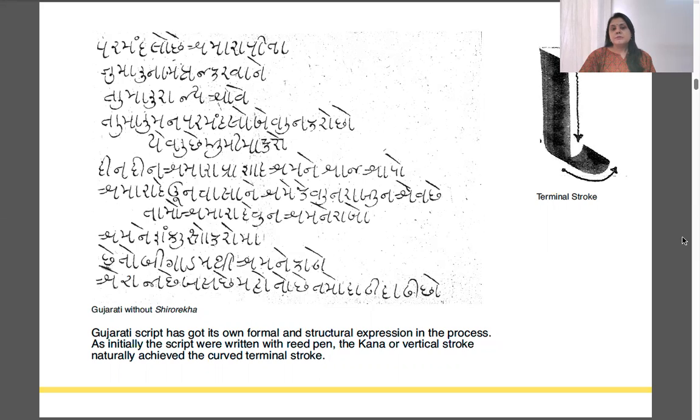Now, Gujarati script has got its own formal and structural expression in the process. As initially the script was written with a reed pen, the kana or vertical stroke naturally achieved the curved terminal stroke, which you are seeing here. This is kana and vertical stroke.